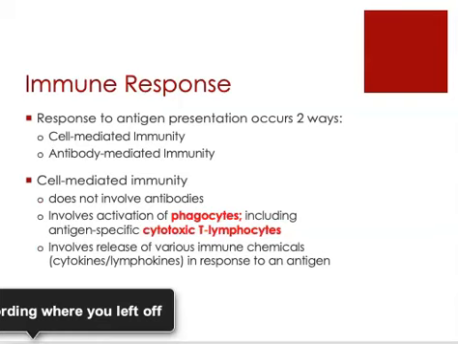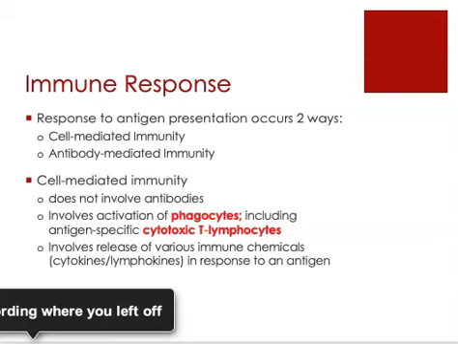So there is a particular type of T lymphocyte that is involved here that's referred to as a cytotoxic T lymphocyte. And this is another type of phagocyte. This is a cell that is capable of performing phagocytosis, taking in or eating this foreign material to break it down.